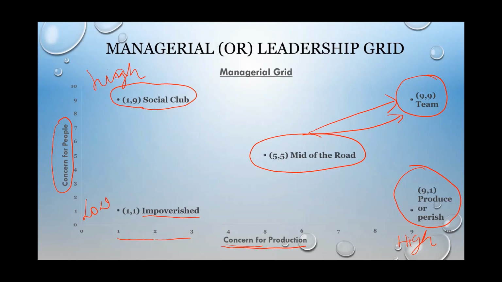Like this, for example, if a leader improves his concern for people from 2 to 3 or 3 to 4, or keeps improving his ability of understanding employees, then every unit change on that axis of the grid will impact his leadership qualities and styles. Hence, we can understand 81 different types of leadership style by using this Blake-Mouton managerial grid.